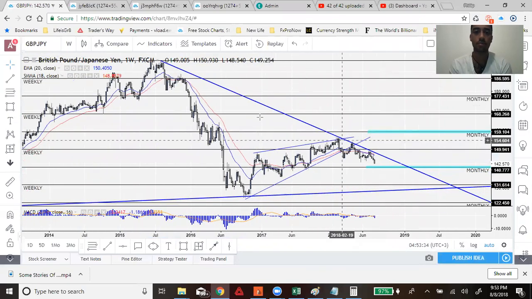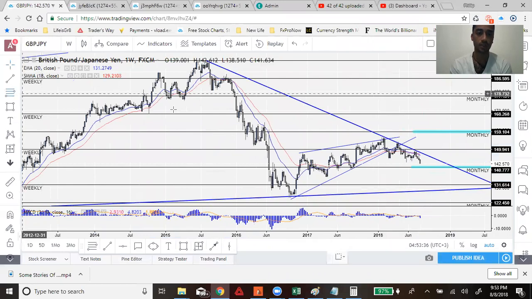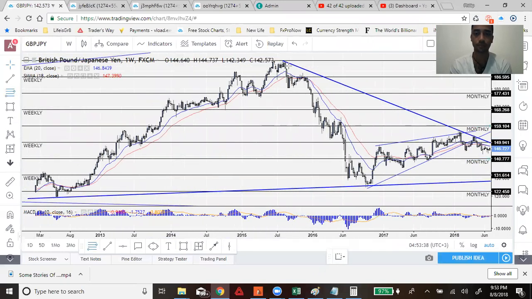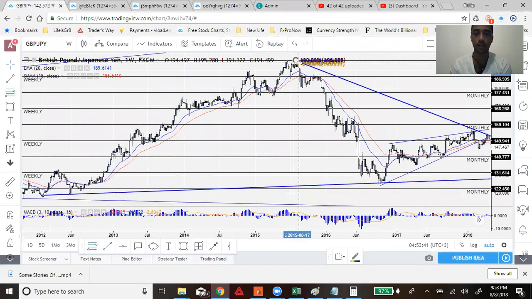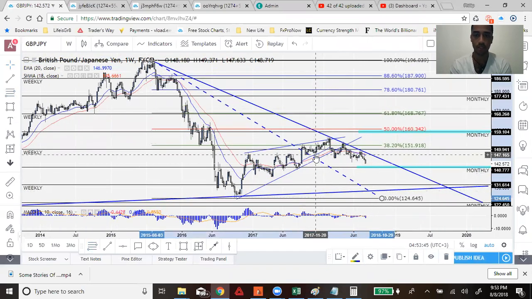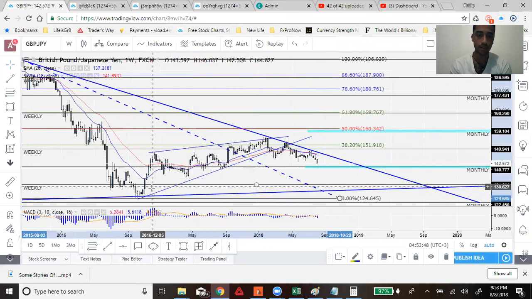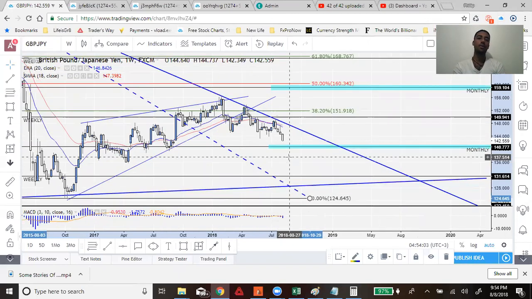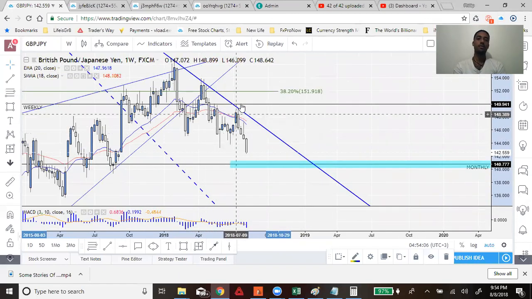You're going to see that price pushed up to that area on the fibs. Let's put point A, point B. You're going to see that price pushed up, and it got in between 38.2 and 50%, like in between this monthly and weekly right here, and then from there started to drop, and price pushed up, got to that trend line, and then kept on pushing down, and then as you can see, price pushed down to that trend line.